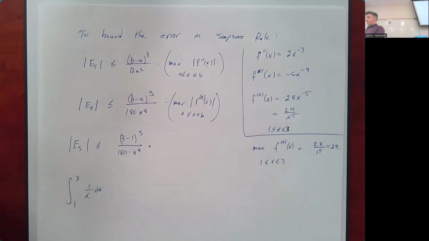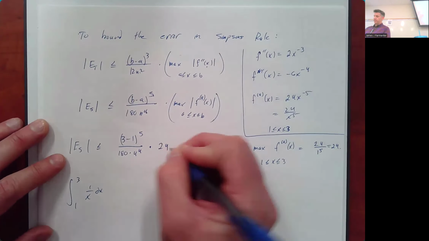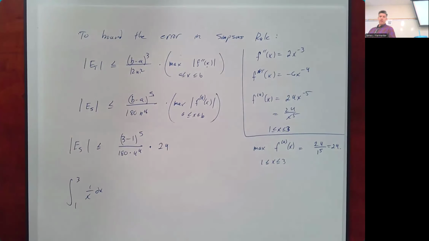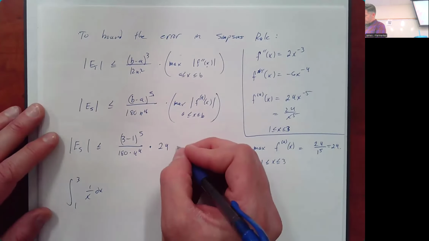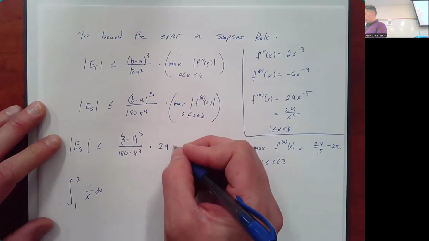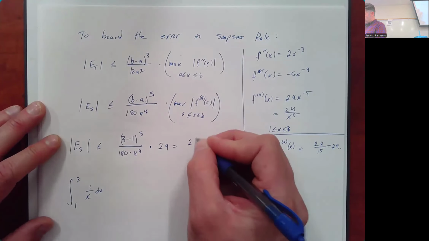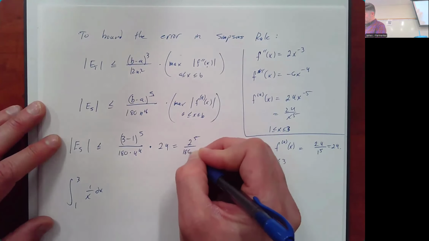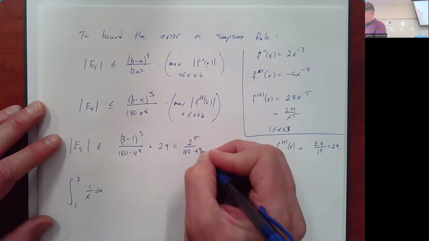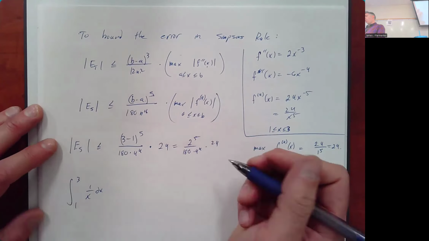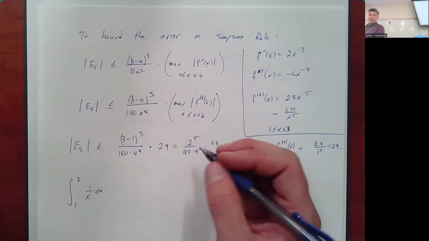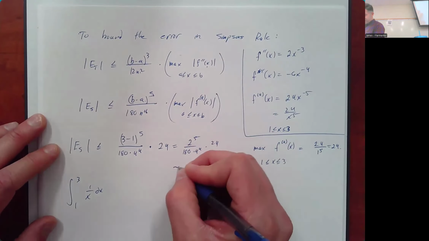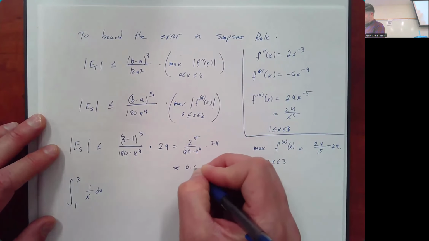Any other value of x between 1 and 3 is going to yield a smaller result. So that's going to be a 24 right there. And then that ends up equaling something terrible, but we could simplify it if we want to. That's going to be 2 to the fifth over 180 times 4 to the fourth times 24, approximately 0.0167.